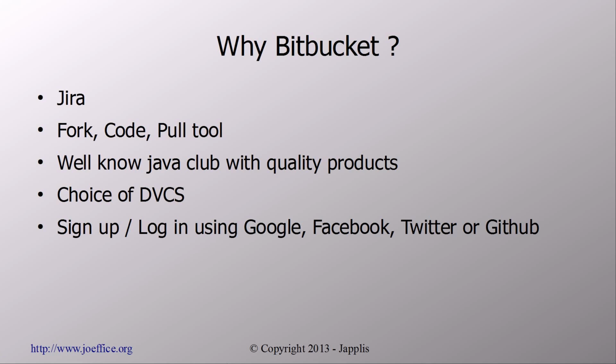First thing, it's created by people from Atlassian. Atlassian is a company that started in Australia, writing Java software. They're very well known within the Java world, very popular. They've written, for example, Java tools, and I would be able to use Java within Bitbucket.